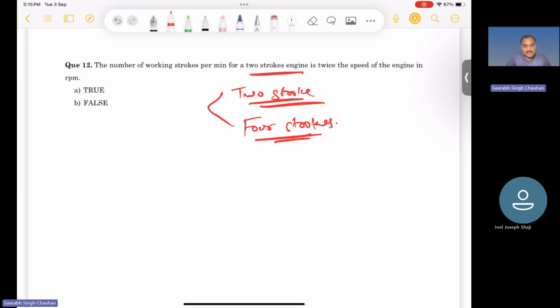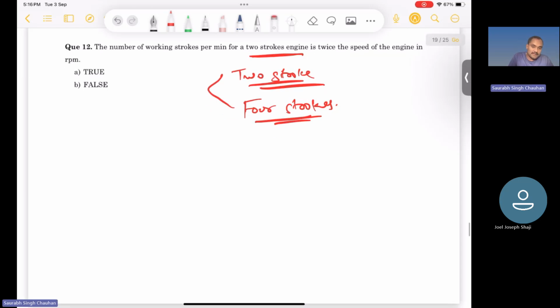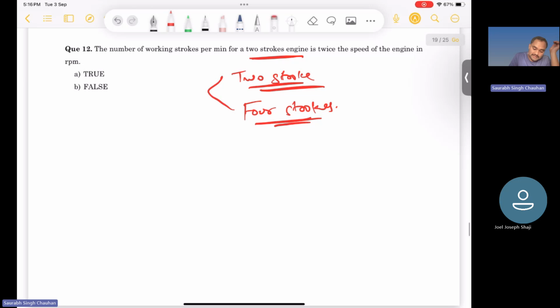So in a four-stroke engine, to complete one cycle, the piston will have to go up and down four times. Okay. So two times it will go up, two times it will go down. And when the piston goes up and comes back, the shaft will rotate once.